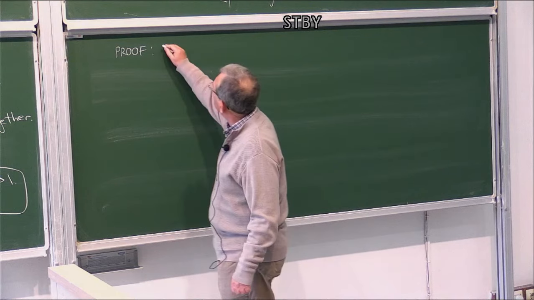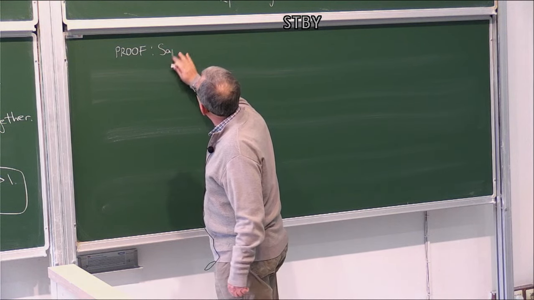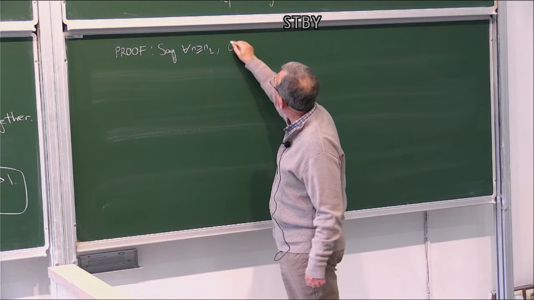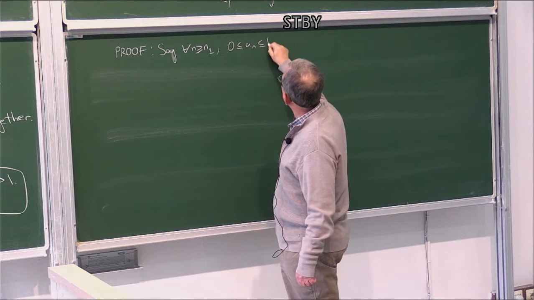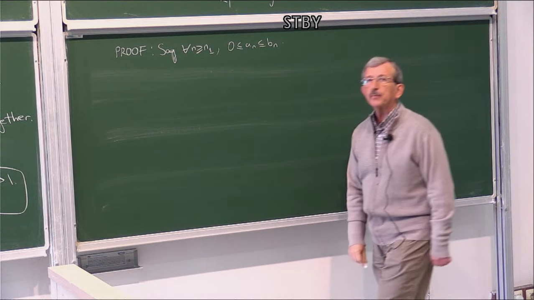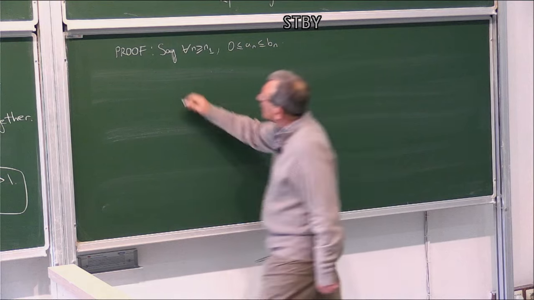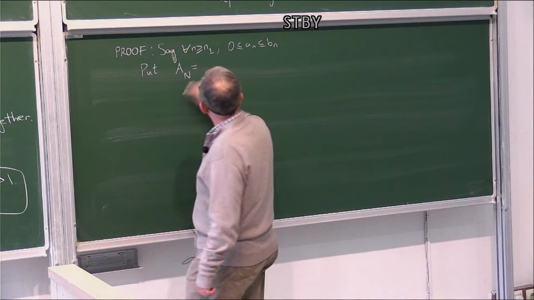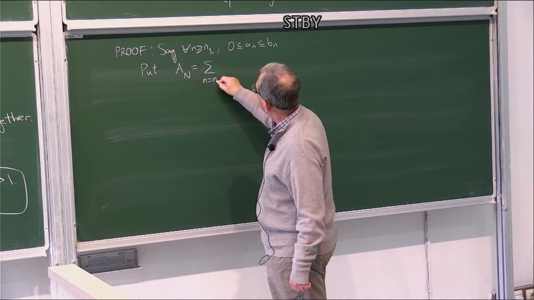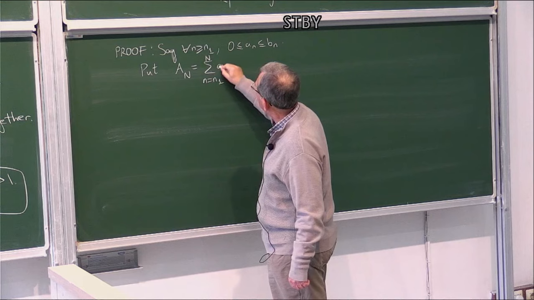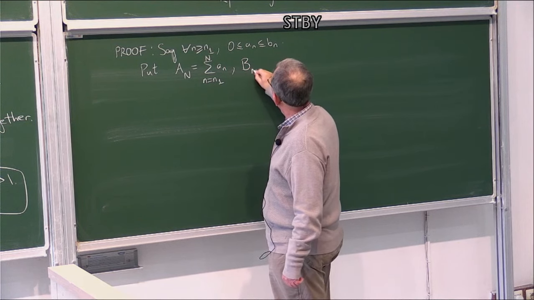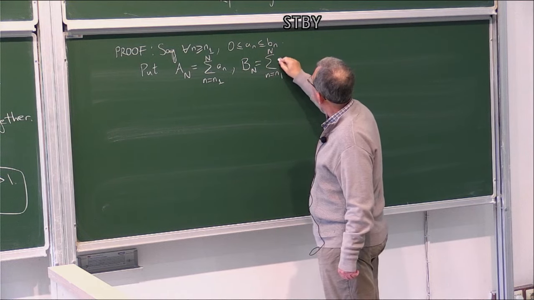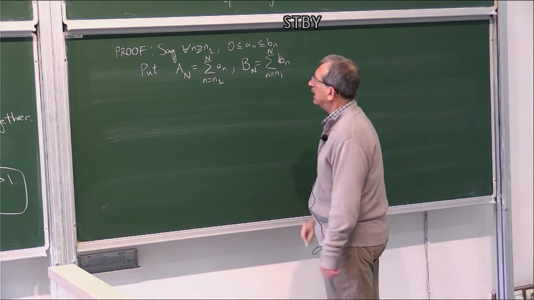Well, say ultimately these are true. So say for all n after some n1, we have a_n less than b_n. And then put A_N to be the sum from n1 up to capital N of the a_n's, and put B_N to be the sum of the b_n's.